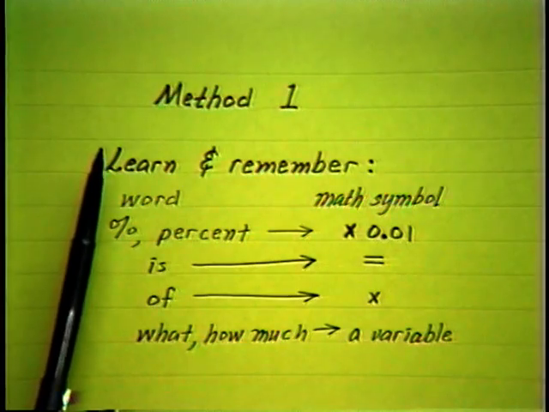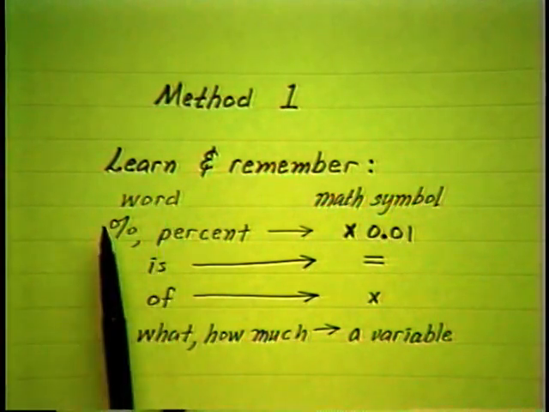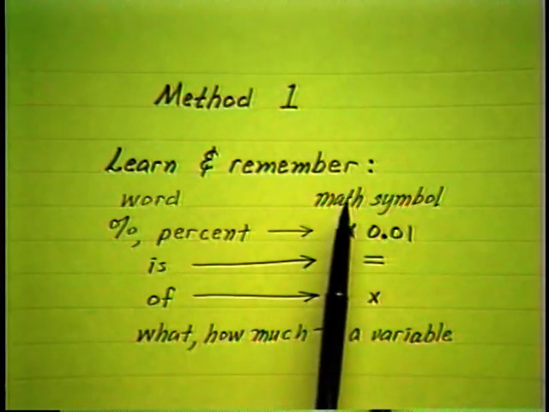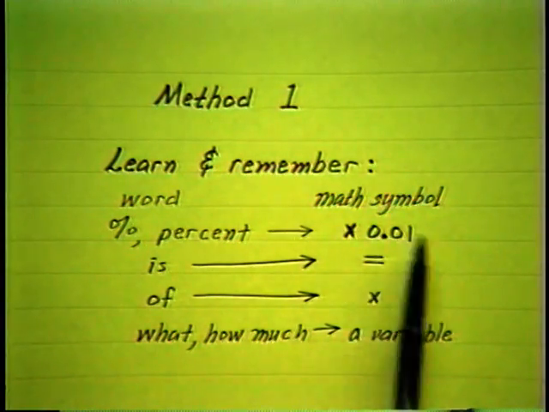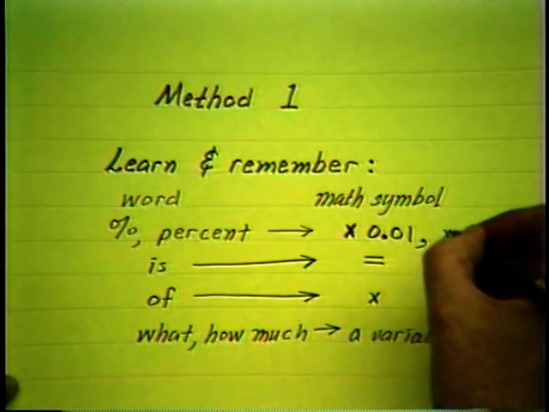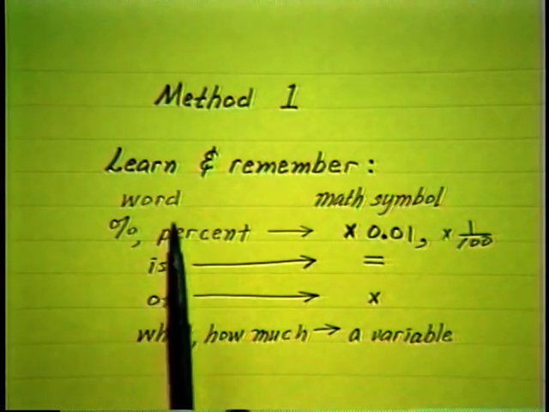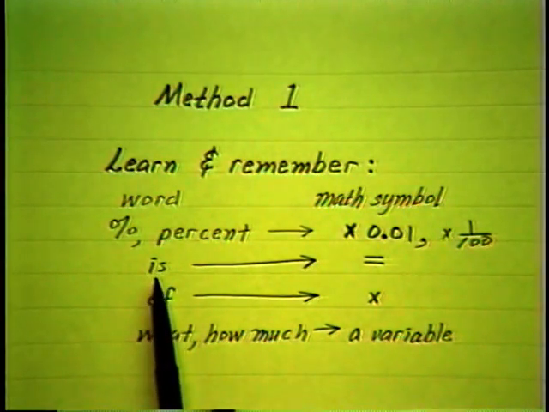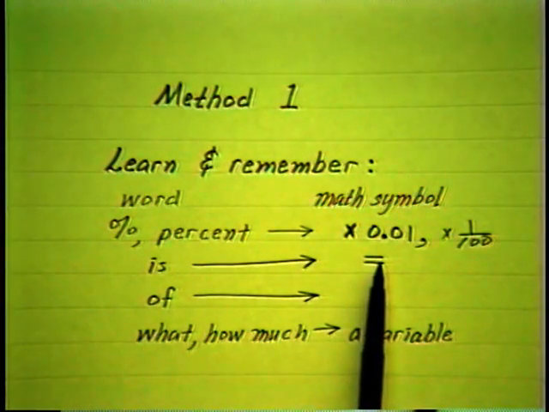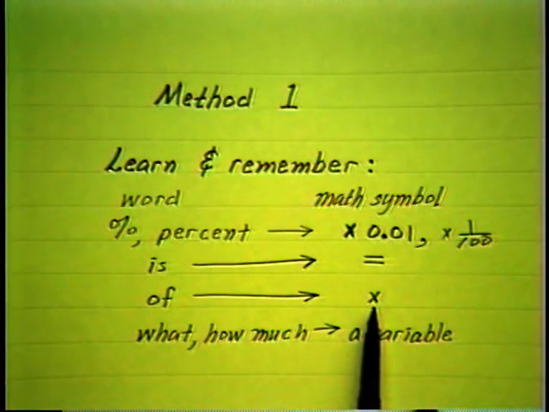It will help for this technique to learn and remember these translations. The word percent, whether it's written this way or this way, means in math times 100th, whether you choose to write it as a decimal or as a fraction, whichever you prefer. The word is, or any form of the verb to be, generally translates to equal. And the word of translates to times.